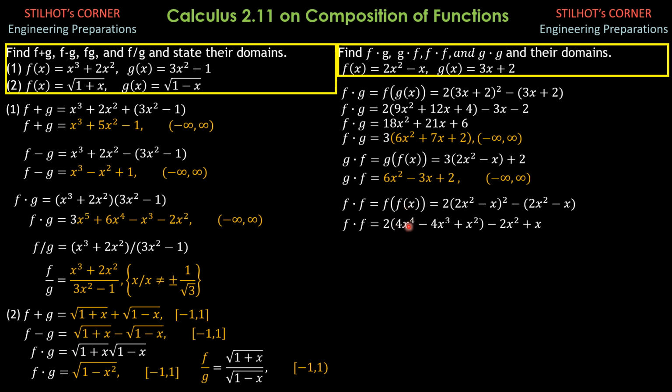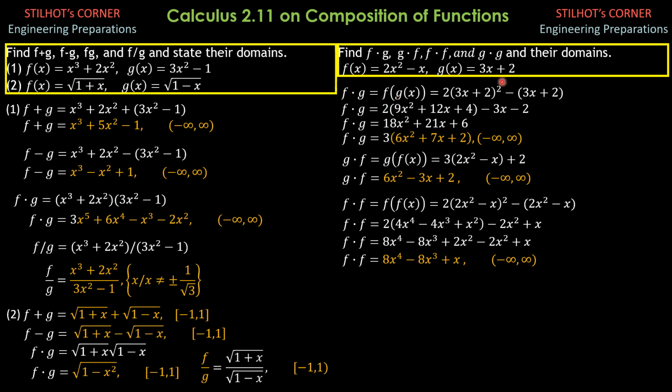So we have 8x to the fourth minus 8x cubed plus 2x squared minus 2x squared, so we can cancel that, then plus x. So f of f is 8x to the fourth minus 8x cubed plus x, and the domain is negative infinity to positive infinity because the resulting function is a polynomial function.